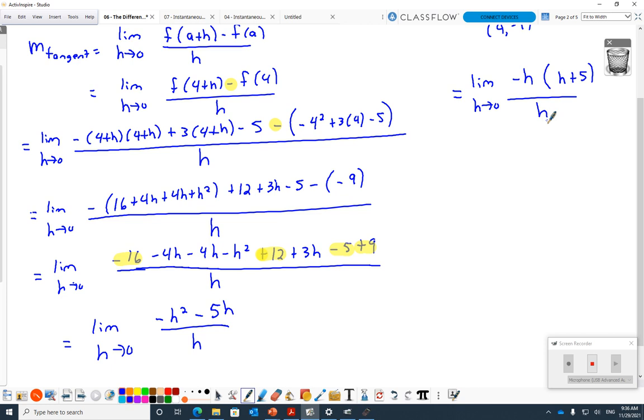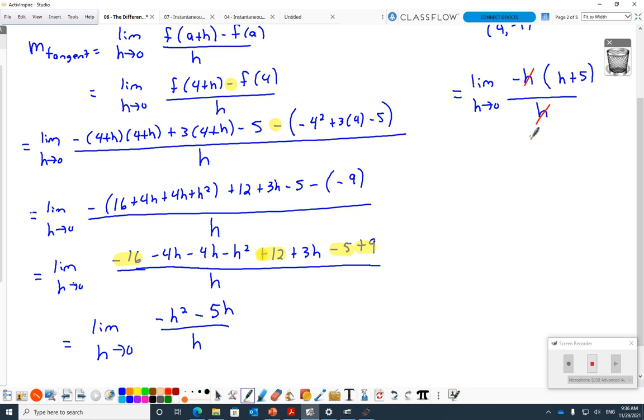And check this out. The h's cancel. As it turns out, h equals 0 is a hole, and with a hole, we can still find the limit that it's heading towards. In a minute, I'm going to sub in h equals 0. You're like, wait a minute, you can't sub in h equals 0. H can't be 0. I'm like, I know, I'm just finding a limit. I'm finding out where it is heading towards.